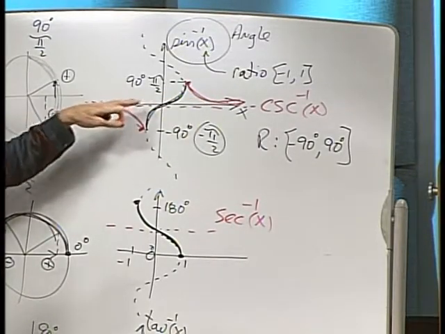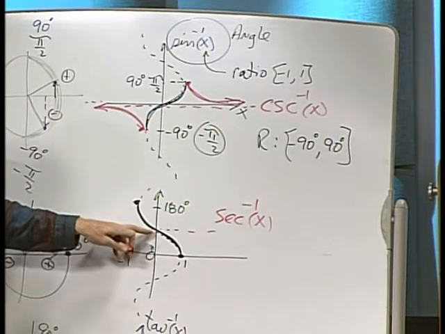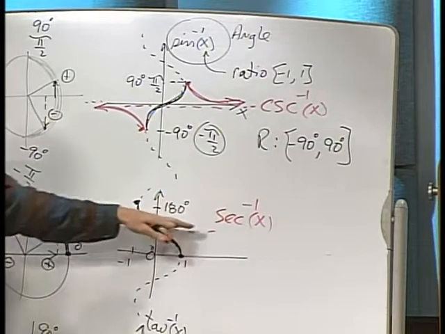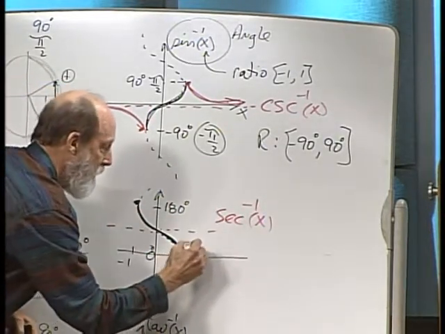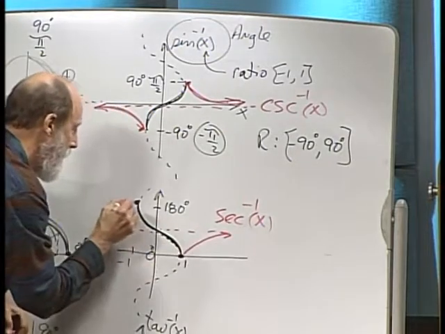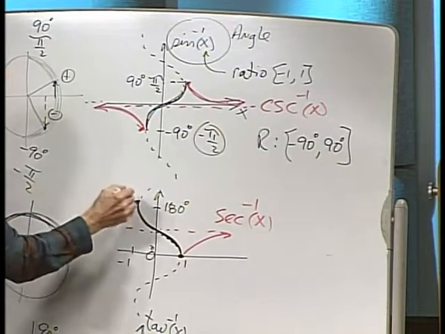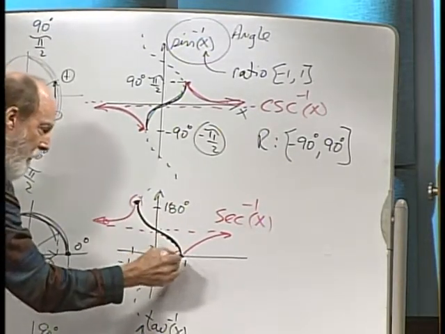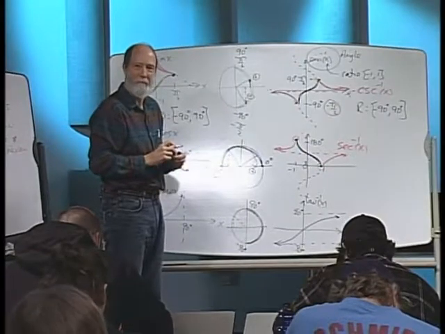Because of that 0 right there. And then down here, this y-intercept becomes a horizontal asymptote location, and you let the inverse secant function ride on that in this fashion, including those points.